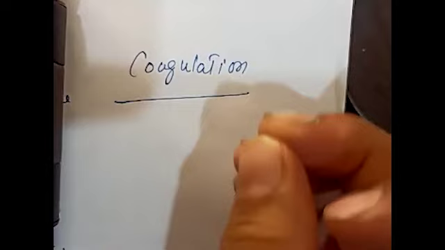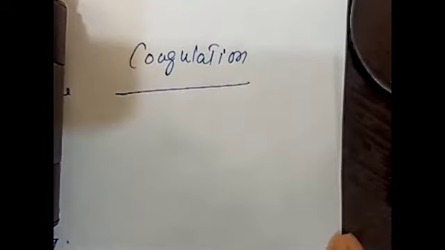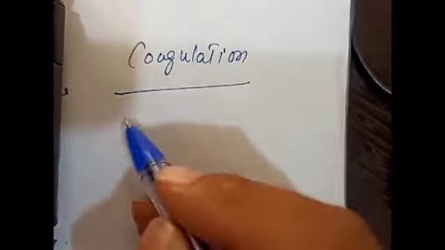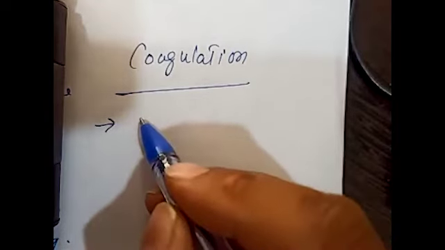Coagulation means combining and then settling at the bottom. Settling at the bottom is known as precipitation.